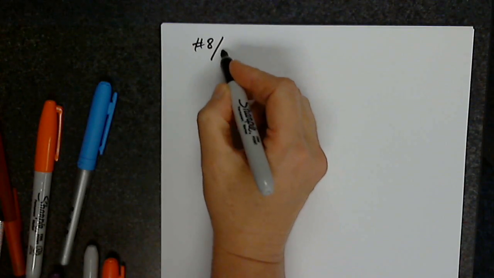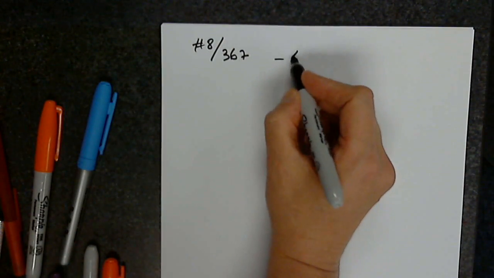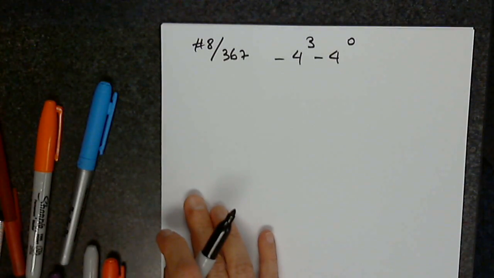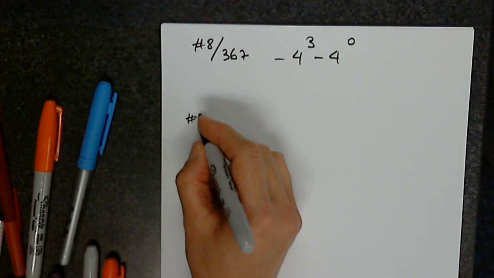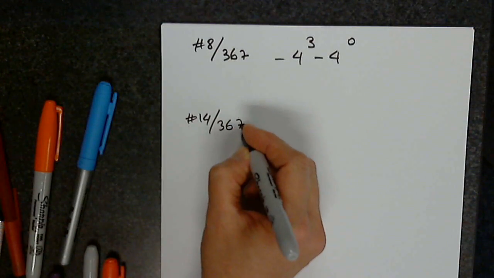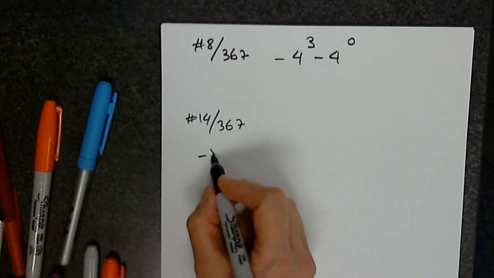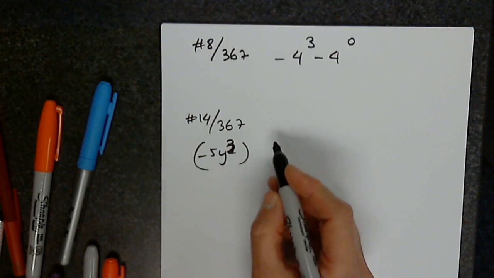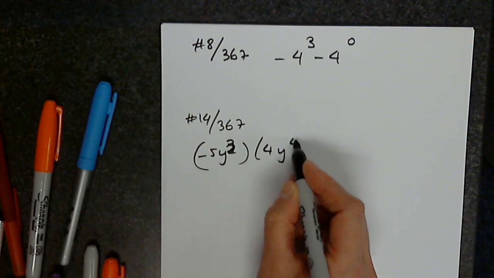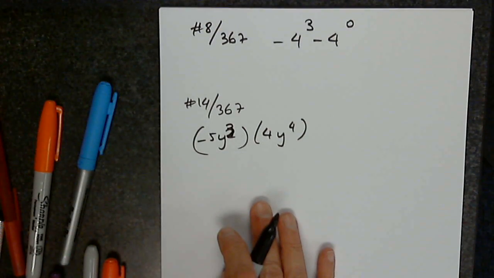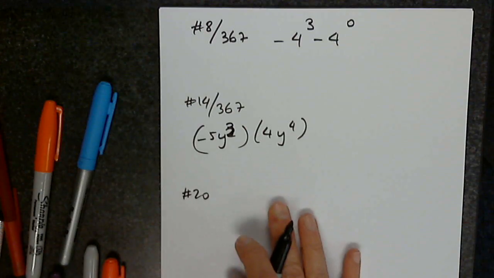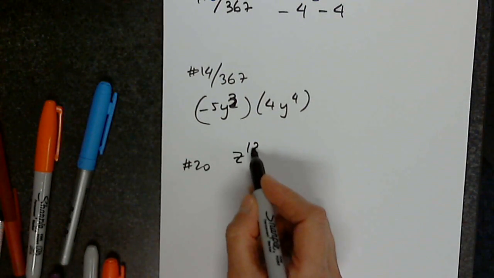Number 8 on page 367: negative 4 to the third minus 4 to the power 0. There is no need to copy everything. Just copy the first one and work on it.